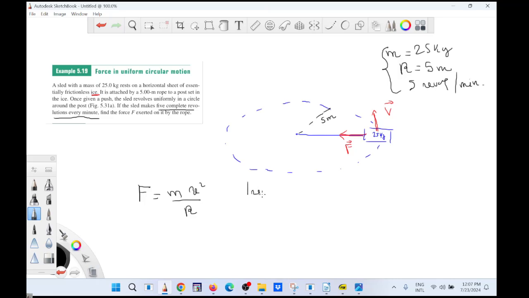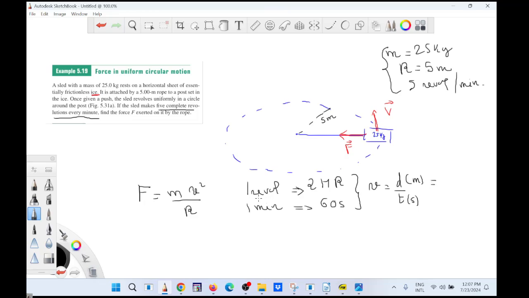So 1 revolution is a distance around. Okay, so this is 1 revolution. So if I want to convert that to meters, I will do 2 pi r. Okay, the time, 1 minute, is 60 seconds. So the speed is the distance divided by the time. That will be in meters, that will be in seconds.